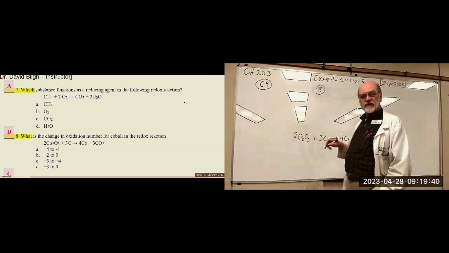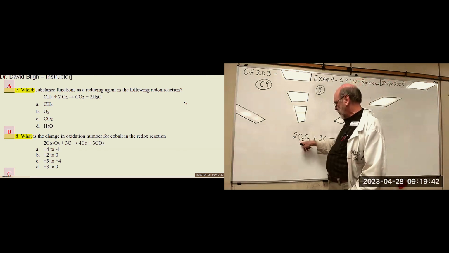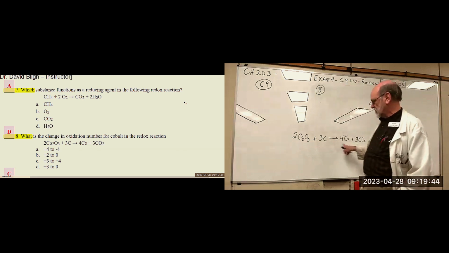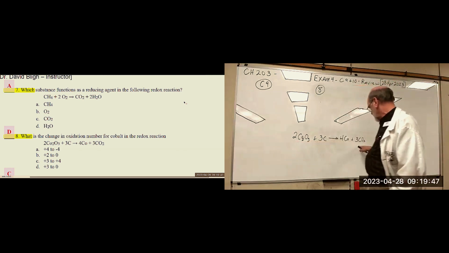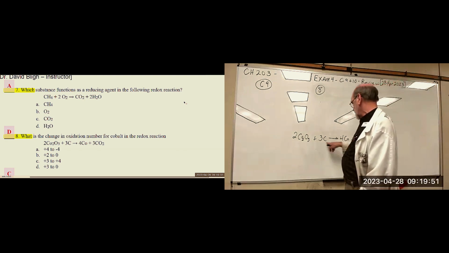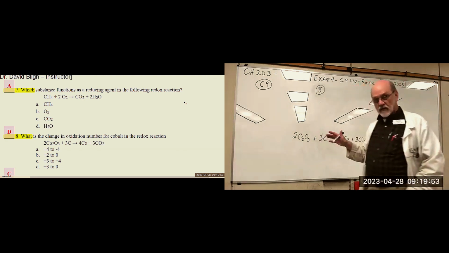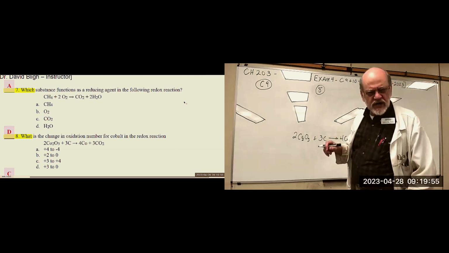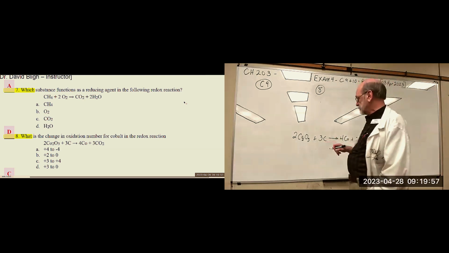Okay, let's see if this one is balanced. Let's see, we have 4 cobalts, 4 cobalts. We have 6 oxygen here. We have 2 times 3 is 6. 3 carbons here, 3 carbons there. So we're balanced.